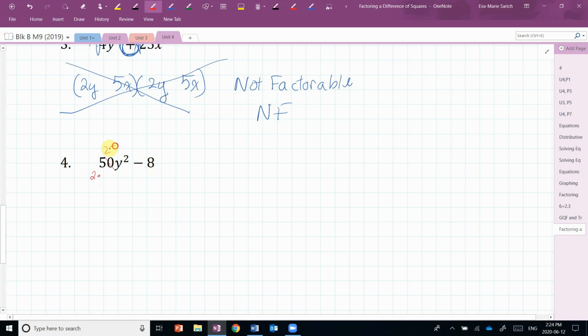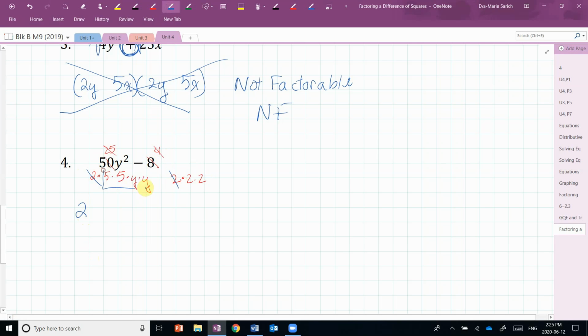And 25 breaks down into 5 times 5. So we've got 2, 5, and 5, and then we've got y times y. The second term, 8 divides by 2 to give you 4. And then 4 can be broken down into 2 times 2. Now we do have something in common here. The 2's are in common, so that's going to be our GCF.